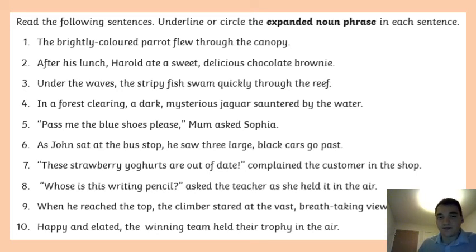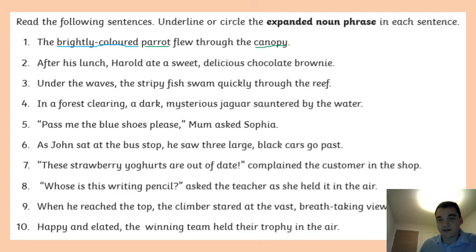The brightly coloured parrot flew through the canopy. Okay, so I can see already I've got two nouns there. I've got a parrot and I've got the canopy, which means the top of a forest. So the brightly coloured parrot flew through the canopy. The canopy is just a phrase, but the adjective brightly coloured tells me more about the parrot.